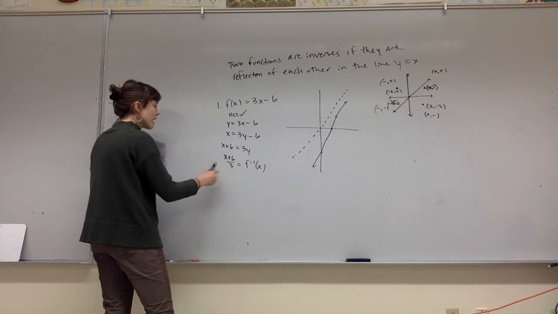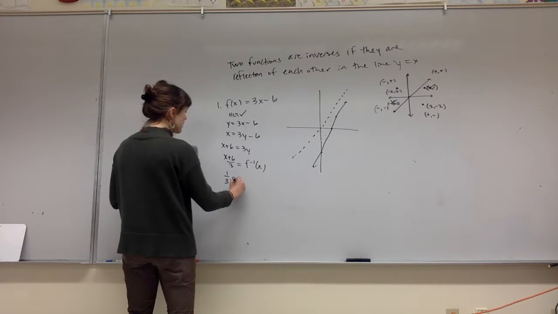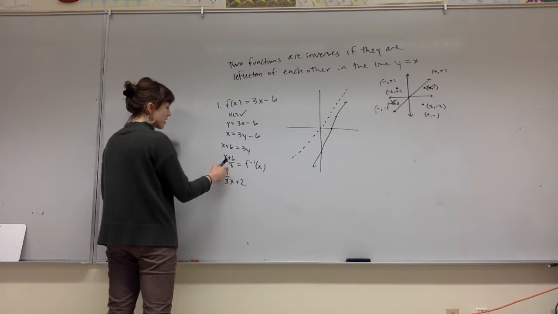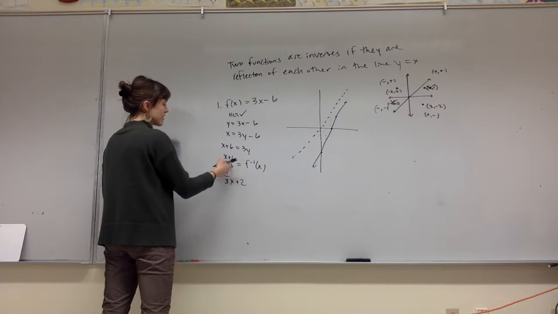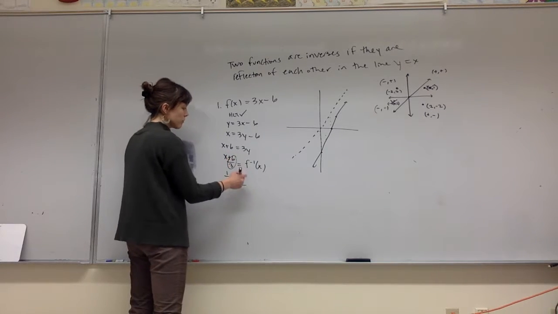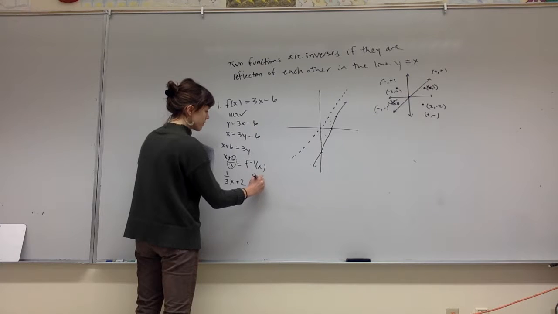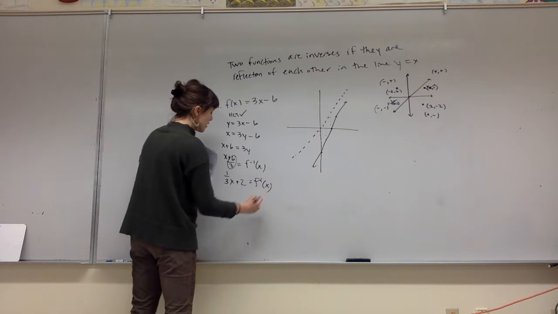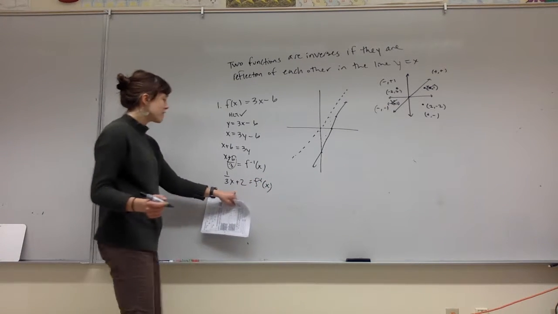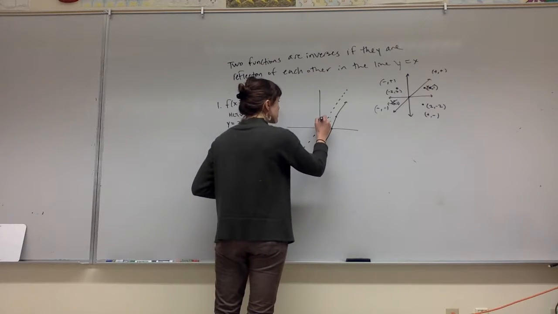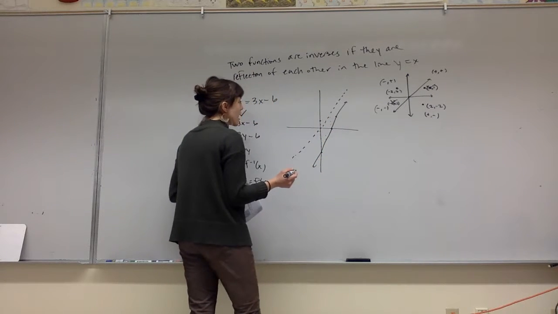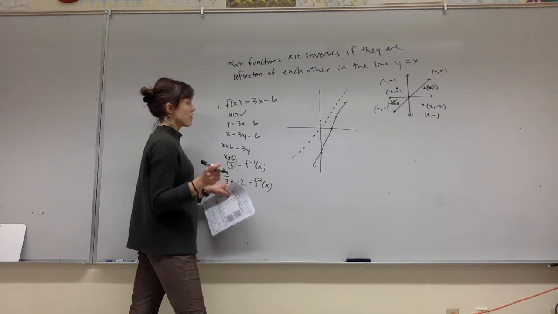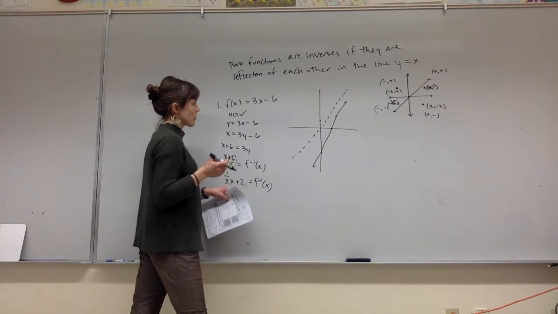And then I can rewrite this as 1/3 x plus 2, since 6 divided by 3 is 2. And so the way I would graph this is I'd go up 2, and then I would use my slope of 1/3 to find out where I'm crossing.